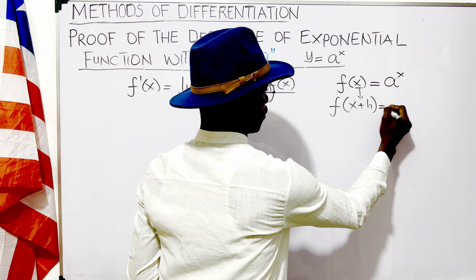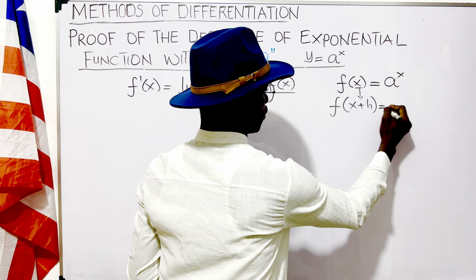So going to the problem, we have f prime of x equals the limit of a raised to the power x plus h minus a raised to the power x, divided by h, as h approaches 0.